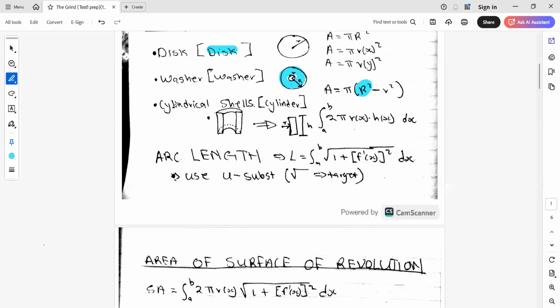Right. So cylindrical shell. Think of a cylindrical shell, okay? You think of a cylindrical shell, and then after that you cut it vertically. When you cut it vertically, the only thing that you need is this rectangle, because the volume is going to be equal to 2 pi multiplied by the radius multiplied by the height.